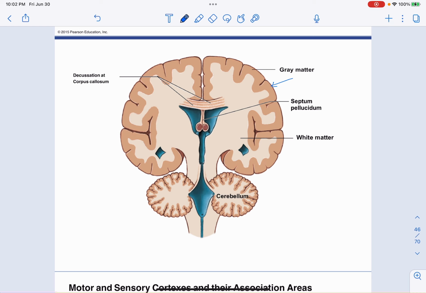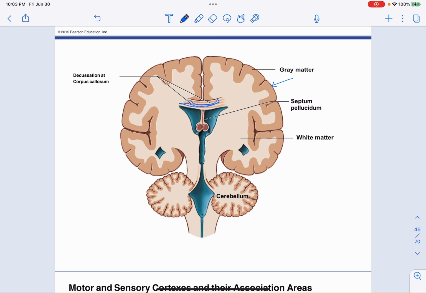And the white matter is deep. The neocortex of the cerebrum, the gray matter, is where all the decision making is occurring. It's communicating to and from the rest of the body through the axons in the white matter. And in some areas, they need to decussate, right? They need to cross over. That's what's happening. Decussation is happening at the corpus callosum.